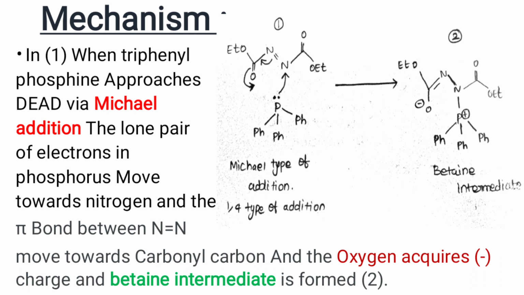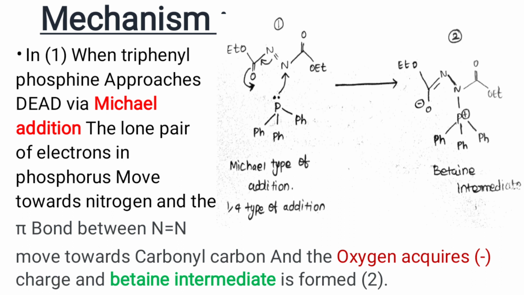Next, we will discuss the mechanism. The first step is the adduct formation. In this, DEAD is treated with triphenylphosphine through a Michael addition.